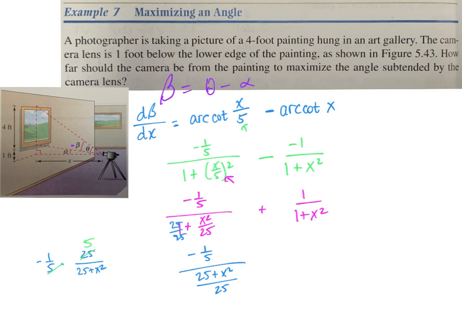So this whole thing simplifies to negative 5 over 25 plus x squared, plus 1 over 1 plus x squared. And then they just did a common denominator. Really your common denominator is these two guys, and they just multiplied.